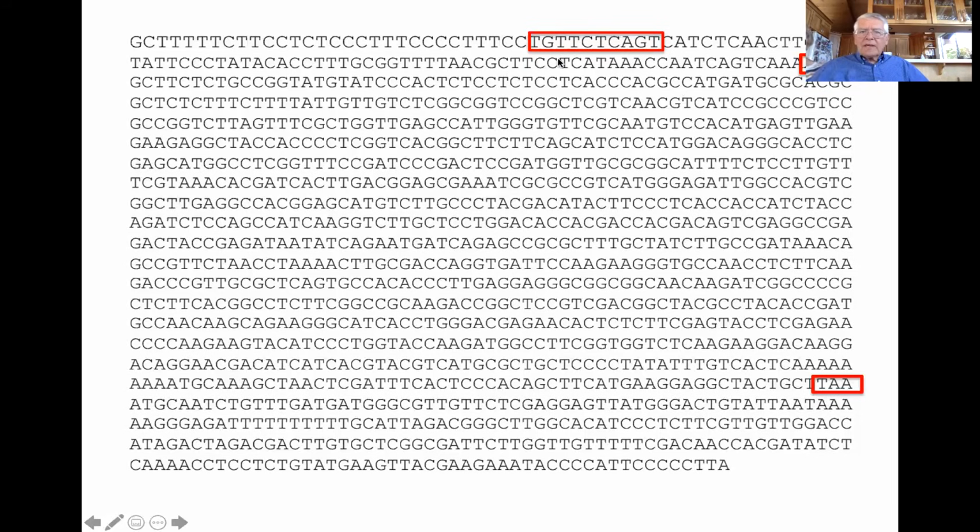So that's TG, TTC, TC, AGT. That is the signal for one particular type of protein to recognize this as the start of a gene.